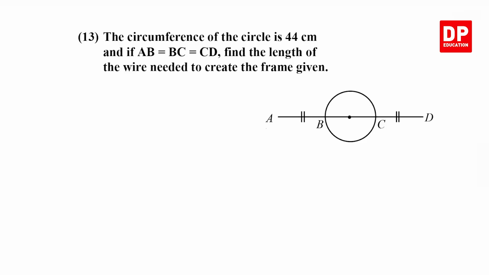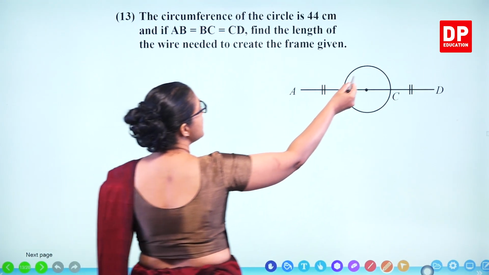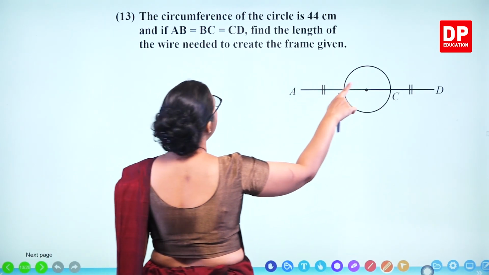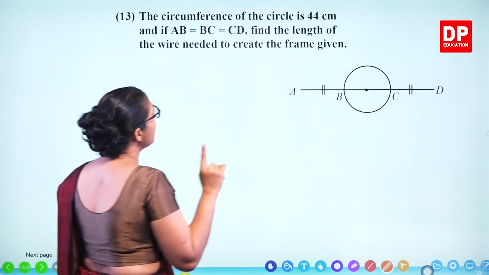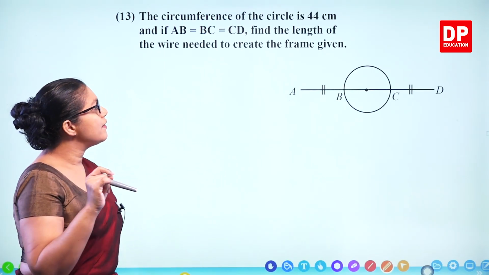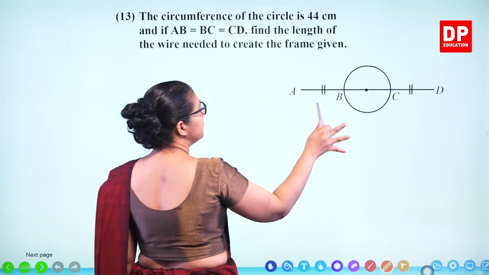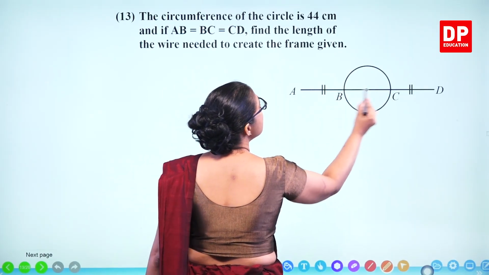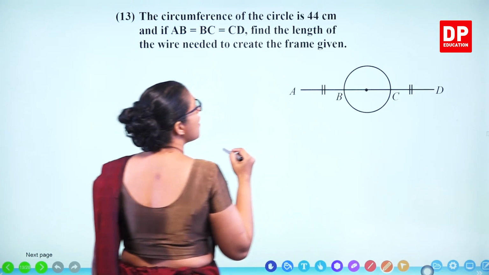Question number 13. The circumference of the circle is 44 centimeters, only this circle. And if AB, BC, CD all are equal, find the length of the wire needed to create the frame given. So how do you find this length, radius or diameter?